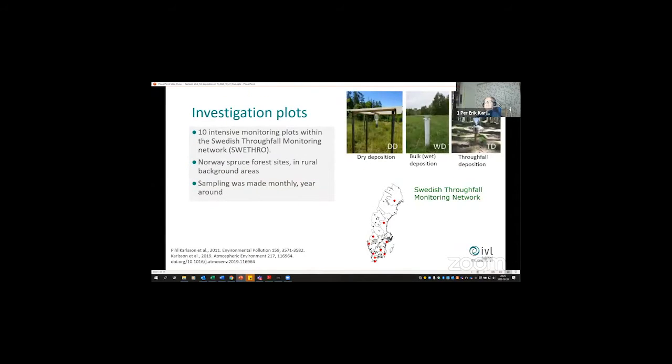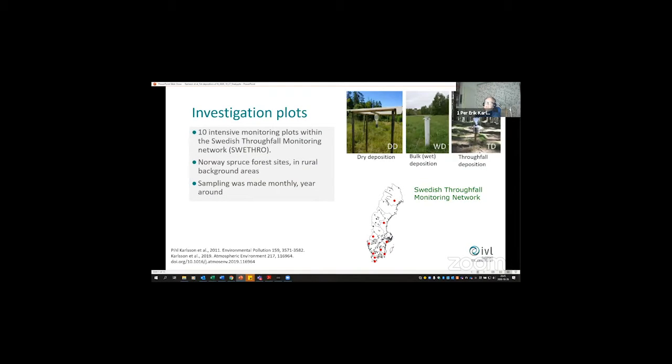So the aim was to develop a new method to correctly estimate nitrogen deposition to this Norway spruce forest, because, as I indicated earlier, we know that we have a direct nitrogen uptake in the canopies.